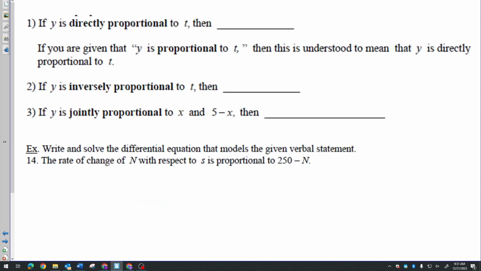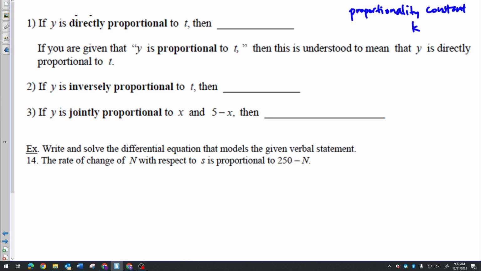All right, some of the word phrasing that we need to understand is that if we see y is directly proportional to t, then there's a proportionality constant, and we call that proportionality constant k. So there's a constant whenever we talk about proportions. I call it k, but it doesn't have to be k.